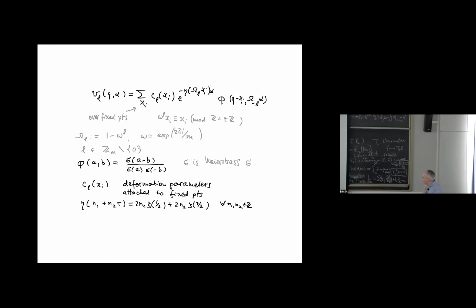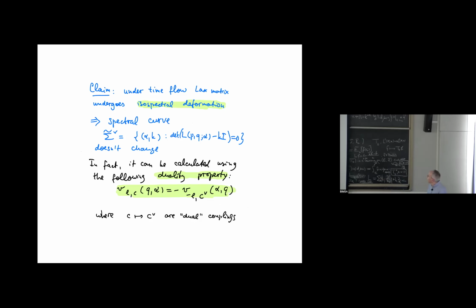And then, having a Lax matrix, what you know is that the determinant, the characteristic polynomial of this Lax matrix, remains constant under the time evolution. So this spectral curve, as it's called, doesn't change in time, and you would like to calculate it.